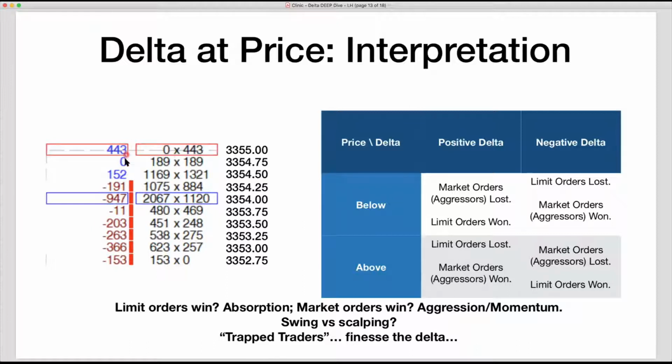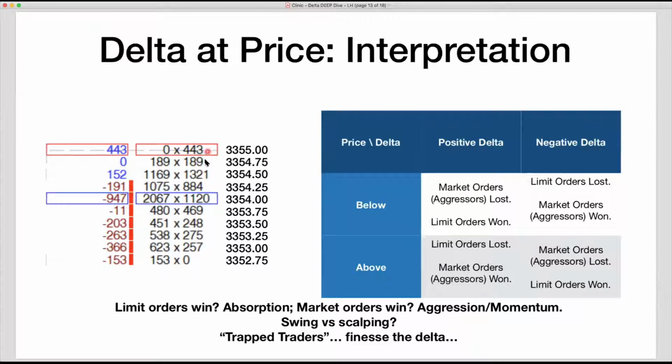If we have positive delta, like we do here at the top of the candle, and we're trading below it, what that means is all of the market orders, because this was more aggressive buying than selling, it's positive delta, 443 versus 0, 1321 versus 169, all these aggressive buyers ultimately lost because we're trading below it. So the aggressors are on the wrong side. The limit orders, the passive sellers, they won.